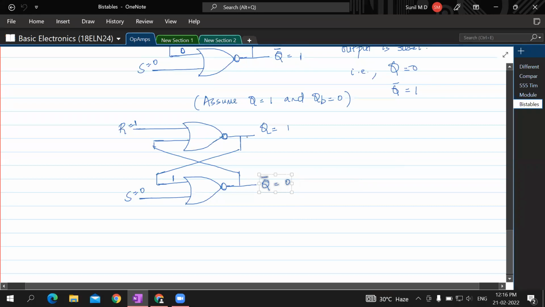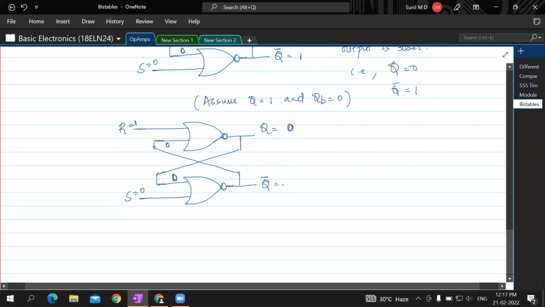This is fine. Q would be 0. So that 0 comes here. So 1 and 0 is what? If any state has got this, reset has to be 0. Okay. So this 0 again comes here. So this would become 1.